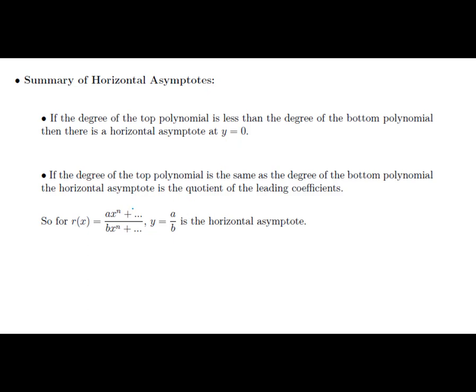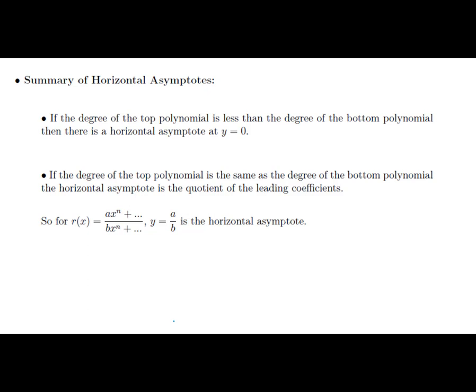If the degree of the top polynomial is the same as the degree of the bottom polynomial, then you get a term on top and on bottom surviving. It'll always simply be the coefficient for the highest degree top term and the coefficient for the highest degree bottom term surviving in top and bottom. And so you'll always just get this fraction a over b.